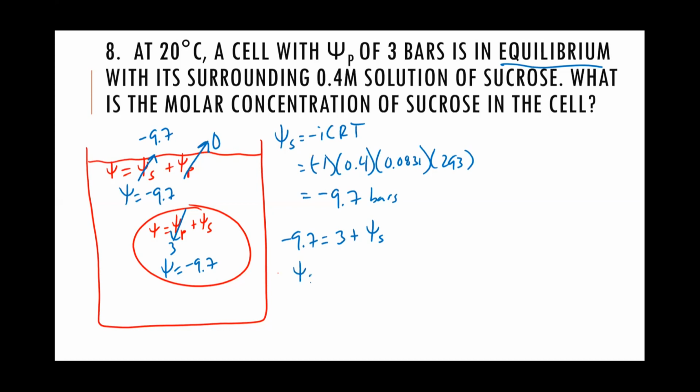And so the solute potential is going to have to be negative 12.7. Now we're going to have to do some more algebra because the solute concentration is somewhere in this number. And so now we know that negative 12.7 is equal to negative iCRT.